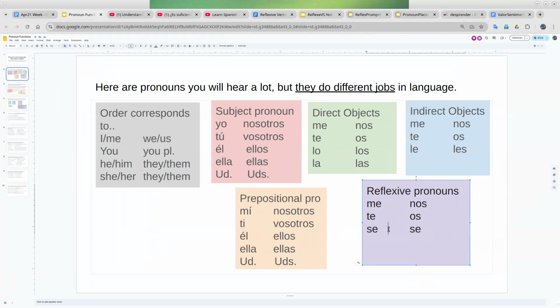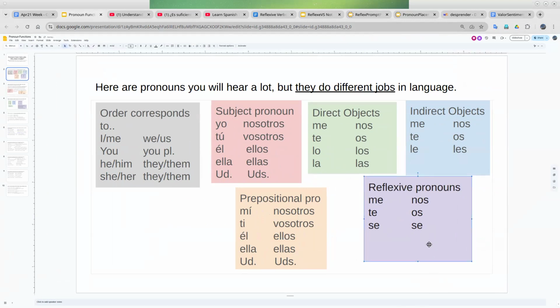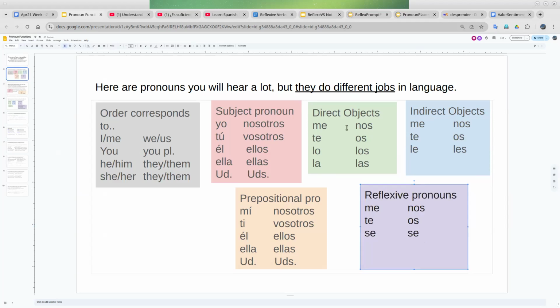These in purple are what we call the reflexive pronouns. You will notice that pronouns that are direct objects or indirect objects or reflexive pronouns all share in common these same pronouns: me, te, and nos.